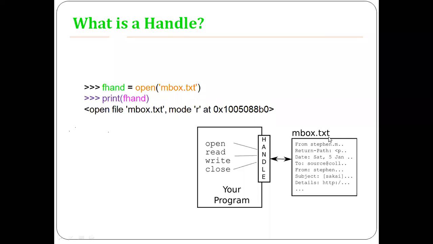And fhand is going to point to that particular memory location. That memory location is something like the file descriptor you have studied in C and C++, right?